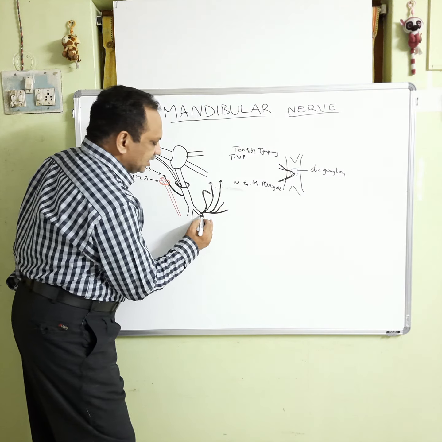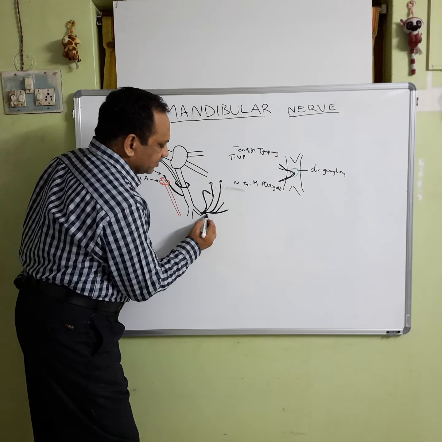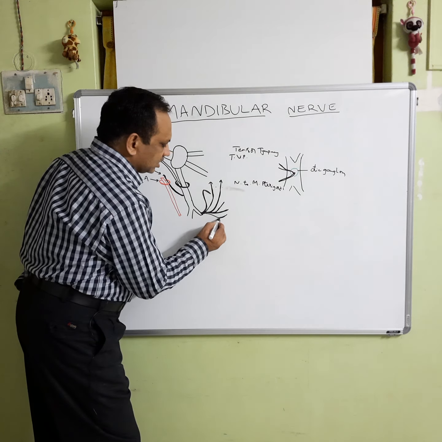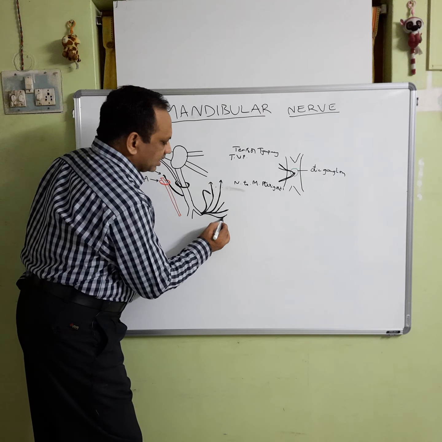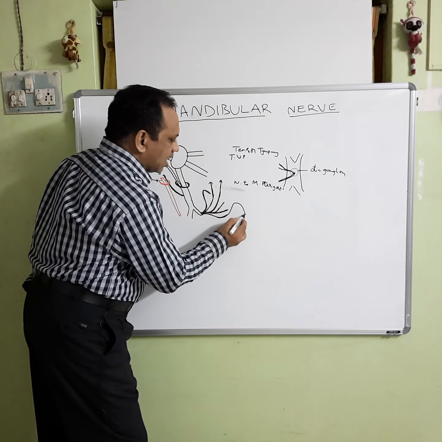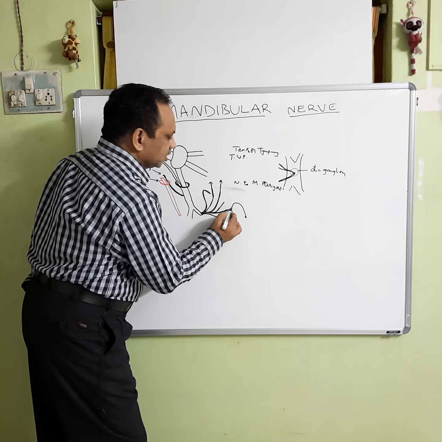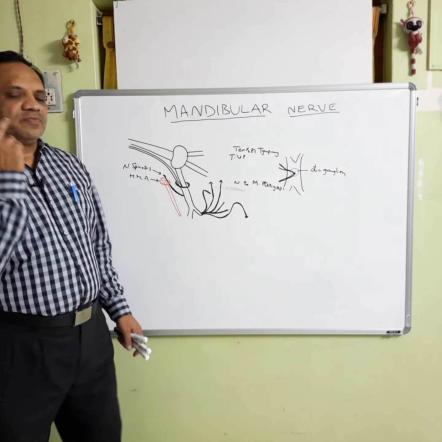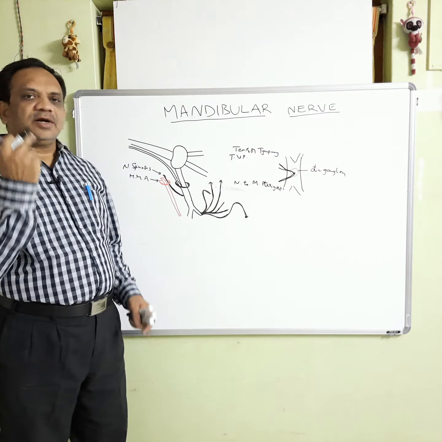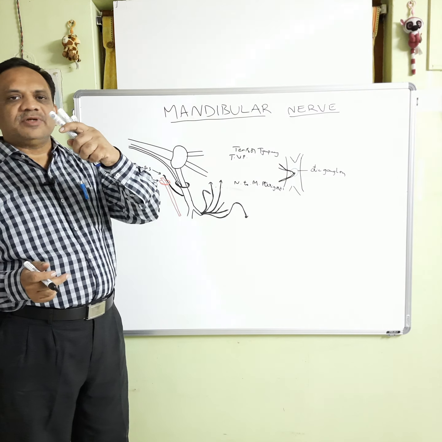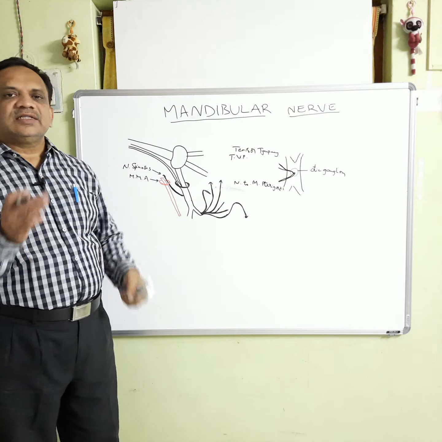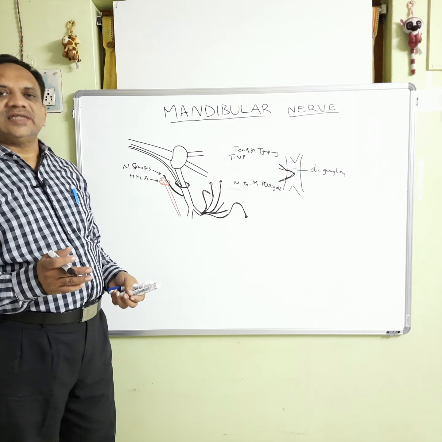Then the fourth one is the sensory nerve, which is called the buccal branch. The buccal branch comes out between the two heads of the lateral pterygoid muscle. It emerges laterally and reaches the cheek under the anterior border of the masseter muscle.